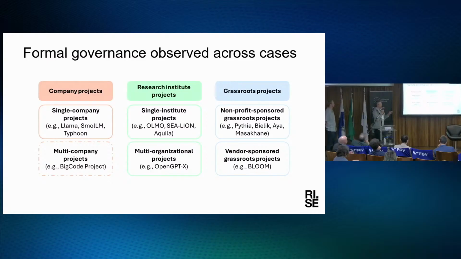Some by single institutes, and some by more cross-organizational R&D initiatives. Again, there's a more scientific agenda behind the development, whilst there can be more commercial agendas in the company side of projects.